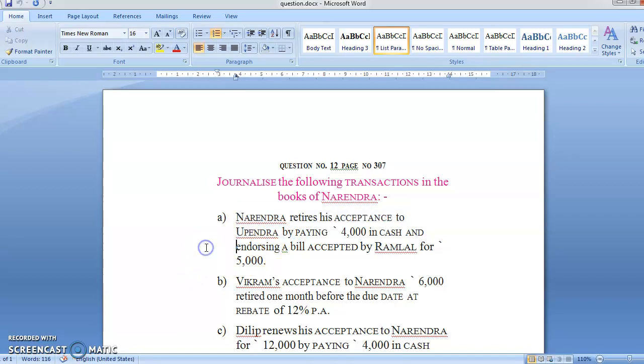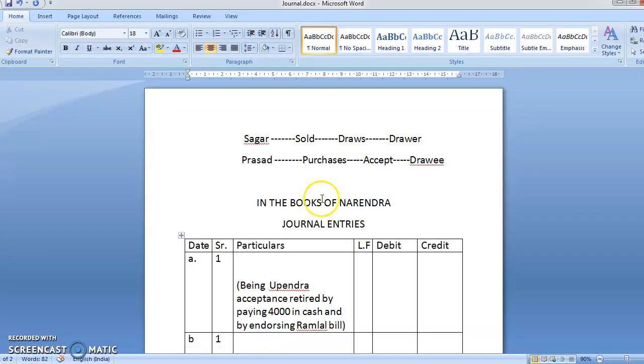Narendra retires his acceptance. Now see, Narendra is retiring his acceptance to Upendra. That means this time Upendra is the drawer and Narendra is the drawee. Do you remember it? I have told you a person who accepts is a drawee. Am I correct?